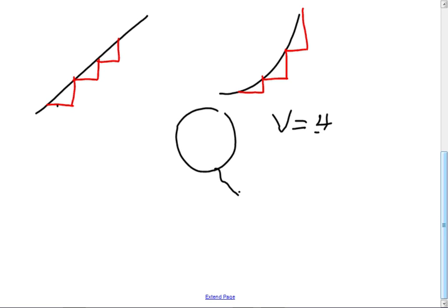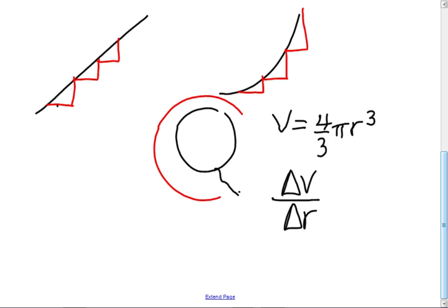It's 4/3 pi r cubed. So I could talk about how the volume changes as the radius changes. So if the radius changes a little bit, what happens to the volume? If the radius increases, what happens to the volume? It increases. So you're talking about how the volume changes as radius changes.